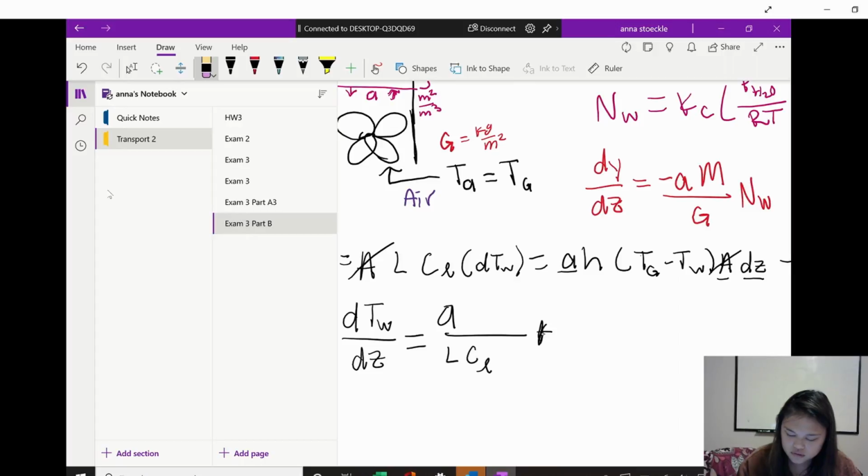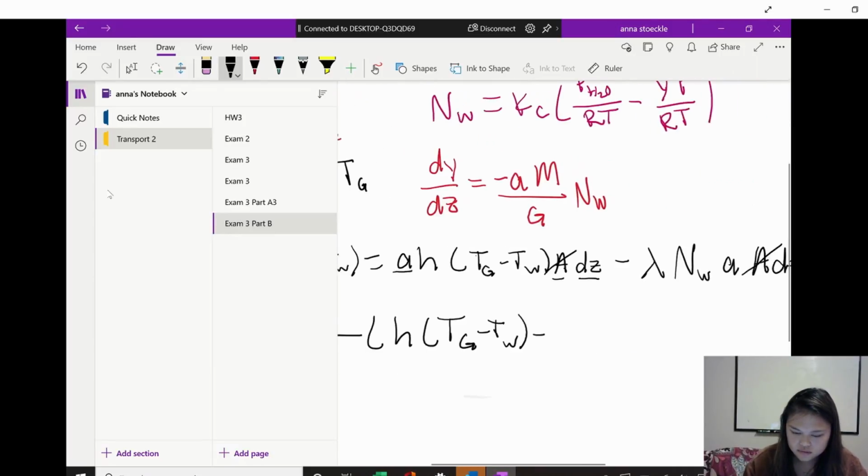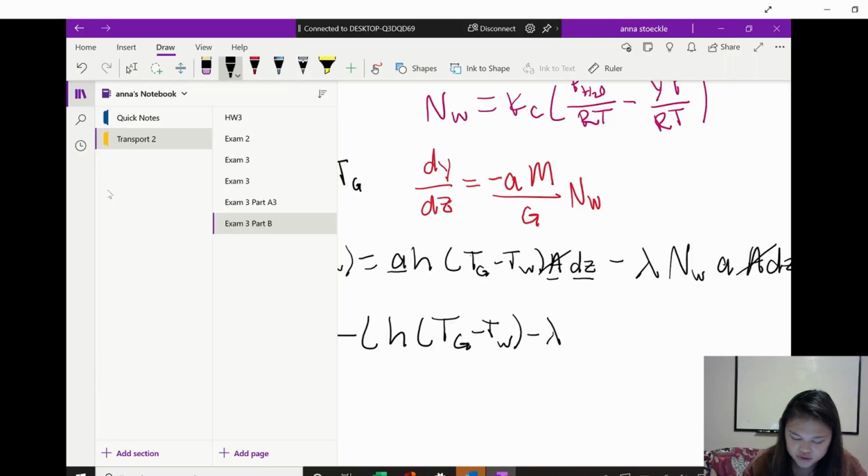And then in the parentheses, we want to put that heat transfer coefficient, that temperature difference from the gas to the water, and that heat of vaporization, and that molar flux of the water at that interface.